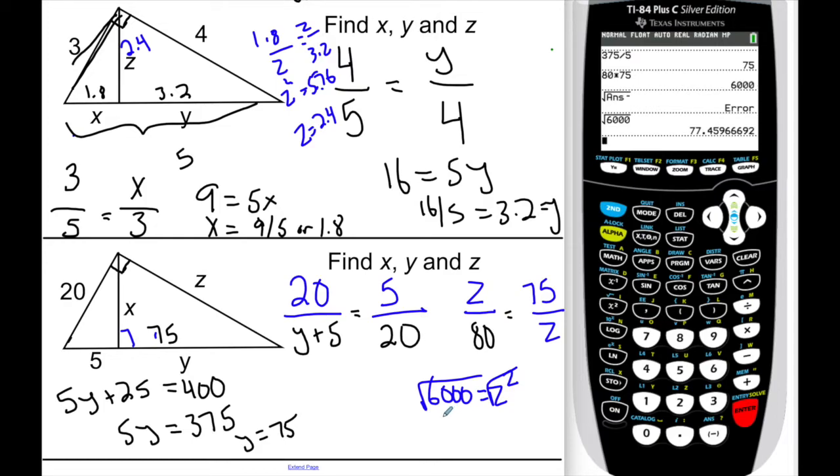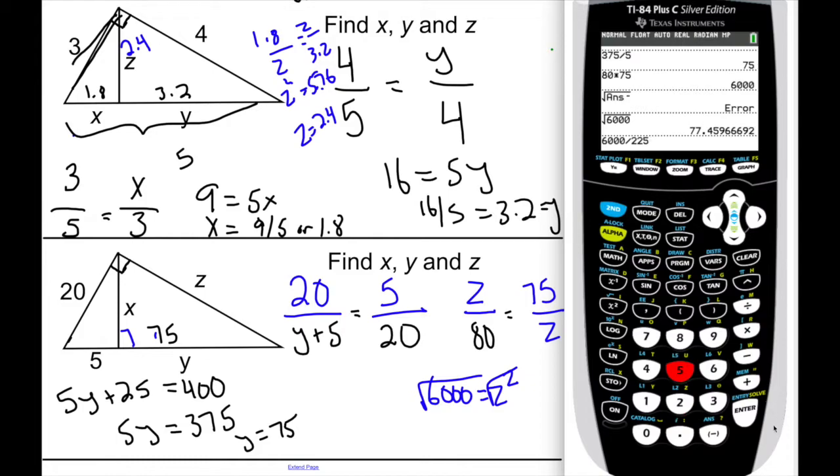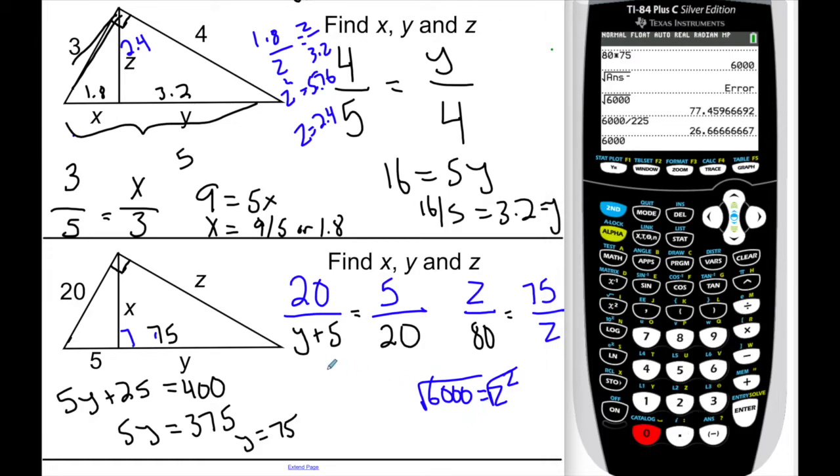6,000. I know it's divisible by a perfect square. Is it divisible by 225? No. Let's see. It's divisible by 100. So we've got 60 and 100. But then 60 is 15 times 4.